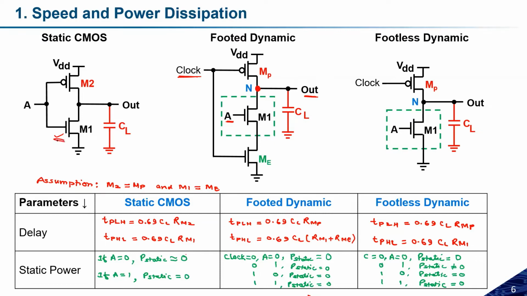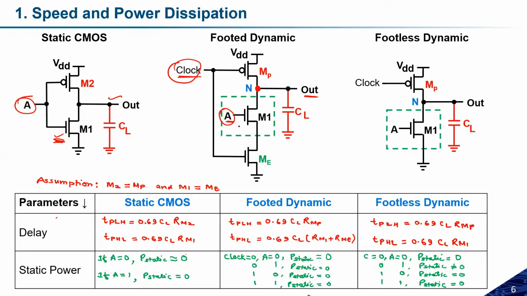In the case of a static circuit, the output voltage changes based on the input combinations. But in this case, the output voltage changes with the help of the clock as well as the input. So in one phase we are charging, and in the second phase we are evaluating.